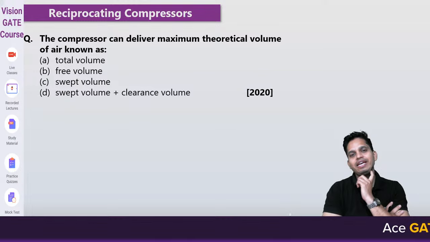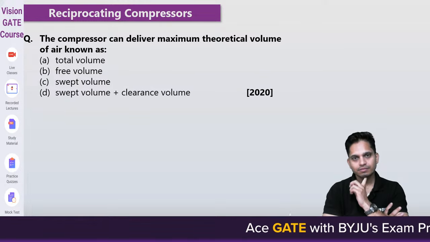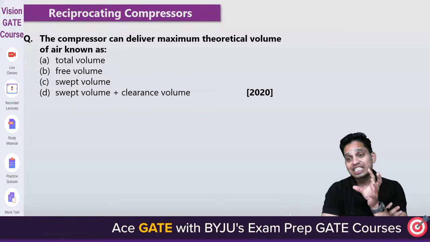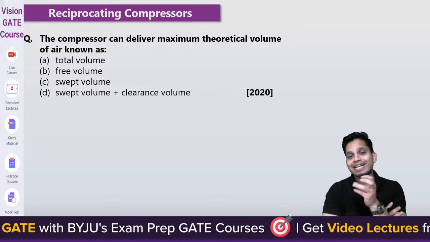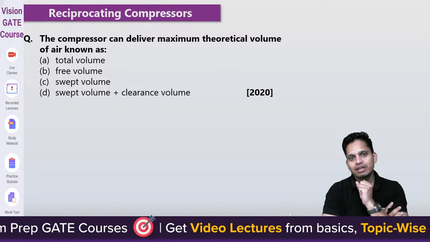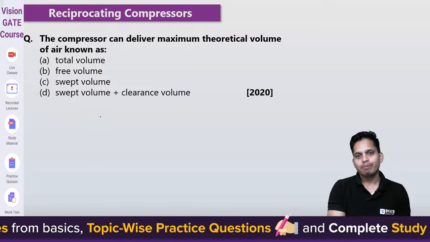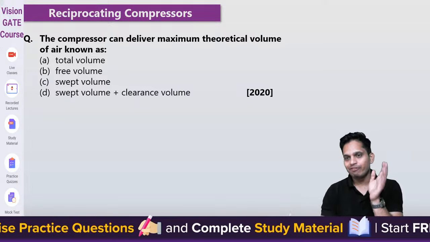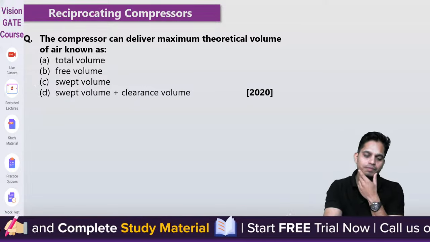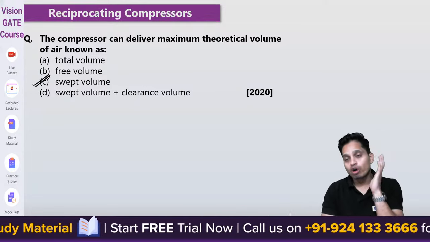Guys, answer quickly. Maximum theoretical volume of air that can come in the compressor. It is swept volume. Because of clearance, you cannot use it anyway. Yes, swept volume, that is the theoretical.